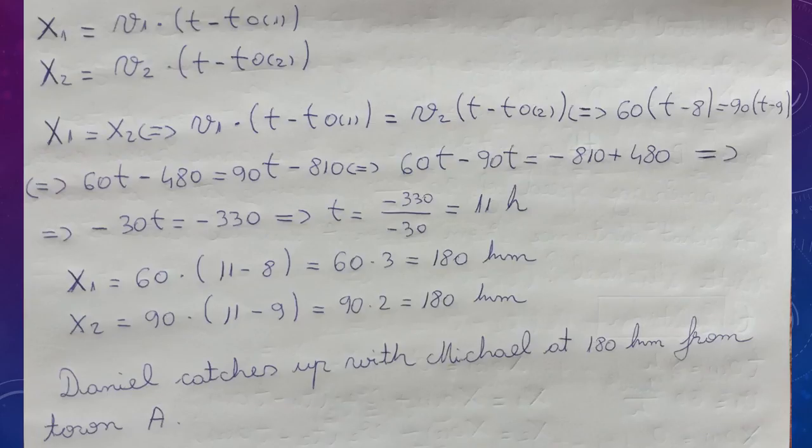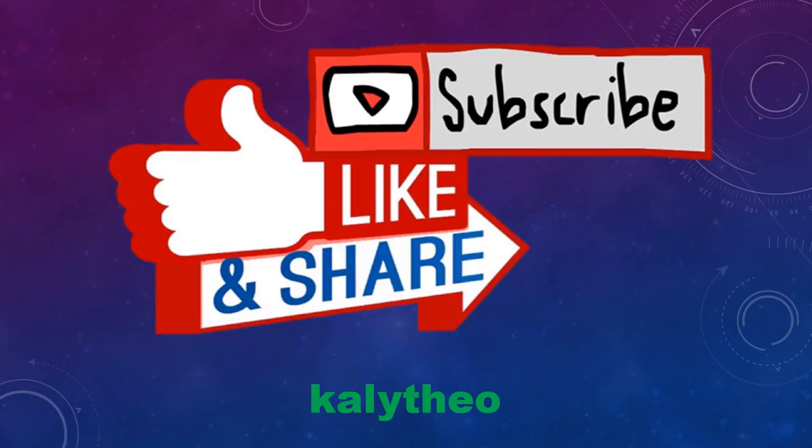And x2 equals 90 times (11 minus 9), which is 90 times 2, which is also equal to 180 kilometers. So Daniel catches up with Michael at 180 kilometers from town A.